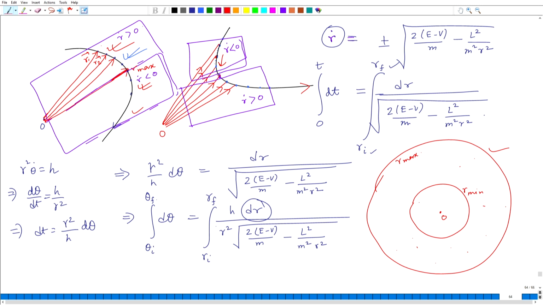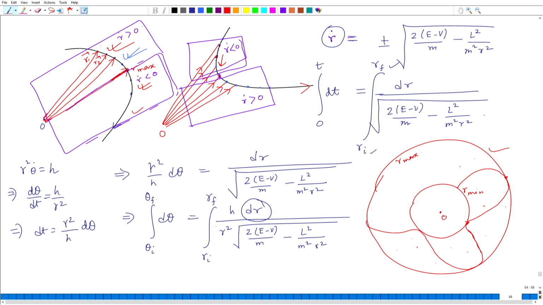Now, you see that if the particle is moving, for example, going from here and then comes like this, and then again goes like this and comes like this. Every time, whenever it touches its minimum value or maximum value, those are the turning points.